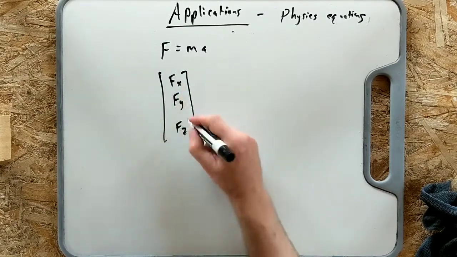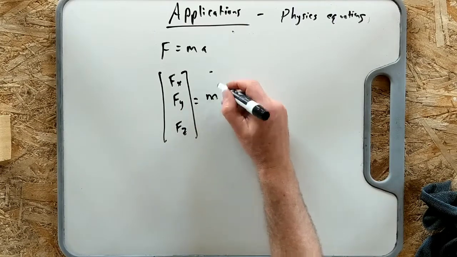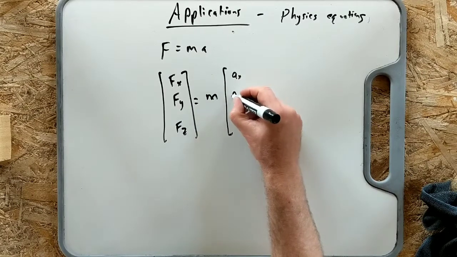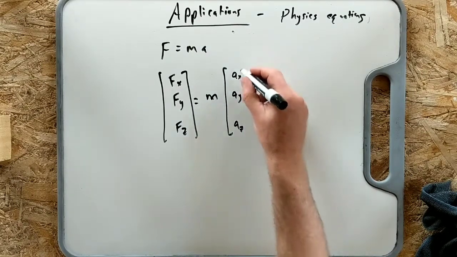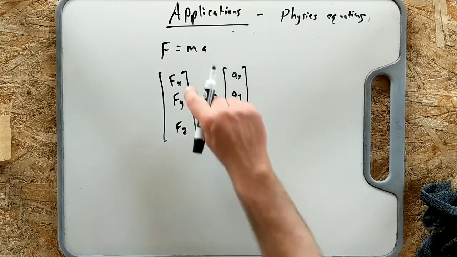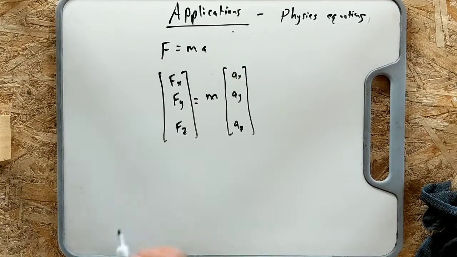Force in the x direction, force in the y direction, and force in the z direction. Mass is one number, it doesn't have 3. And then acceleration is acceleration in the x direction, acceleration in the y, and acceleration in the z direction. In other words, every physics equation is actually 3-dimensional. It's actually a matrix equation, not a linear equation.